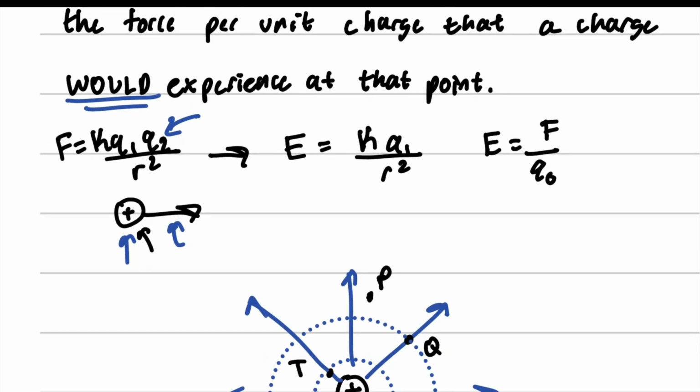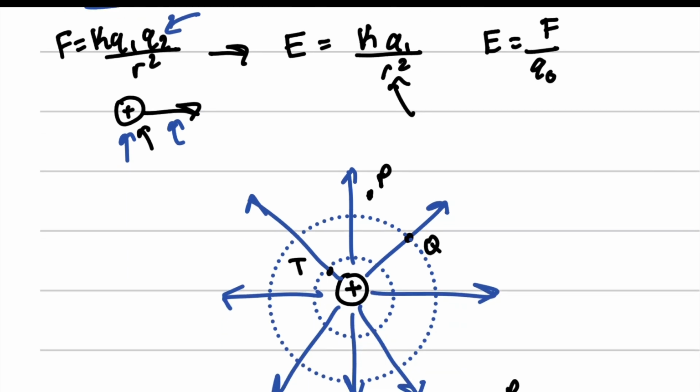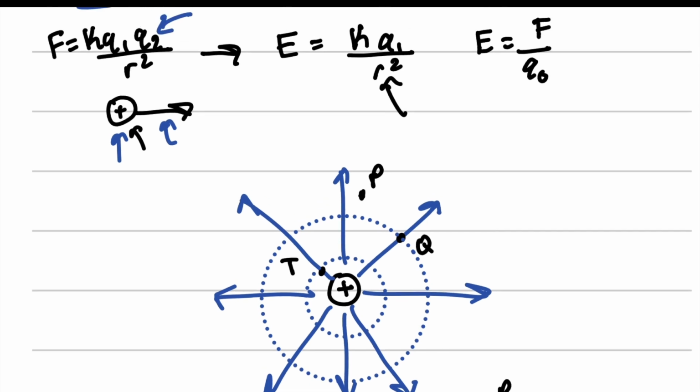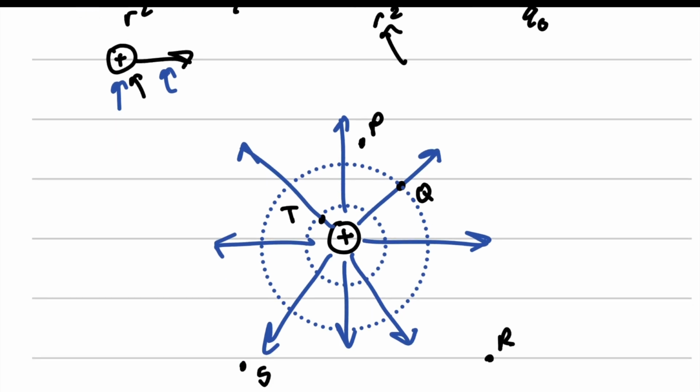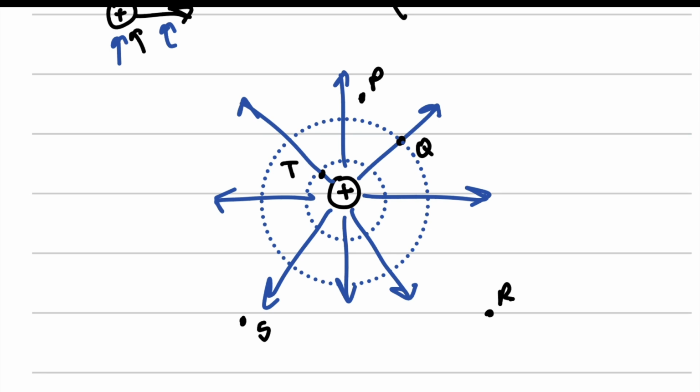That's attributed to this R squared right here. So the electric field gets smaller by this factor. That's an important point that I'd like to mention.